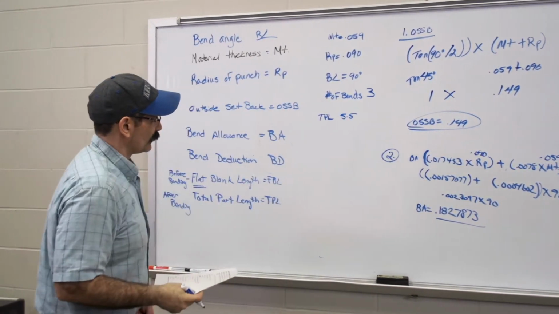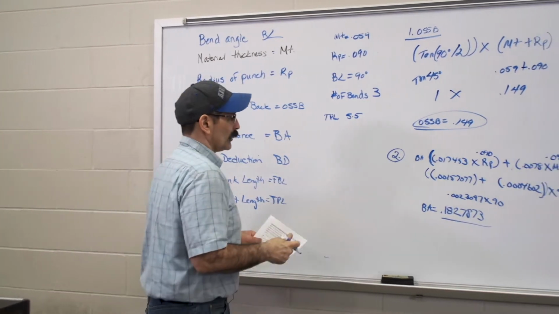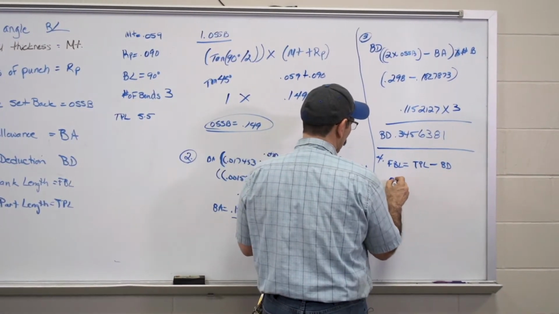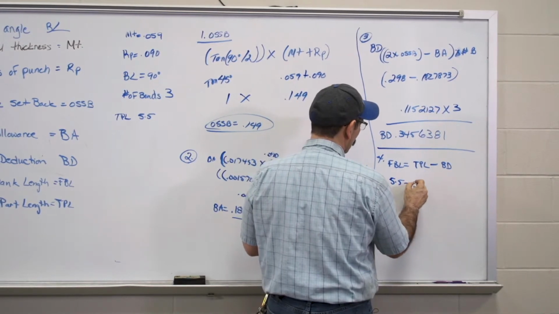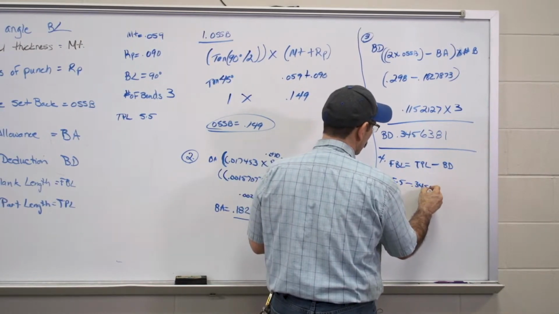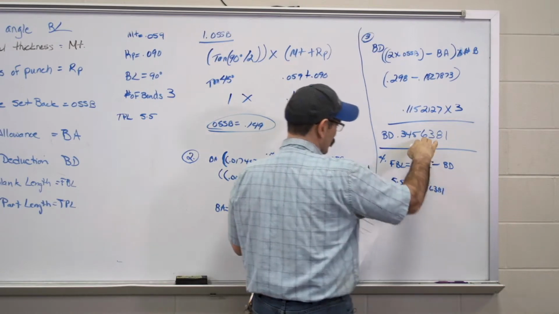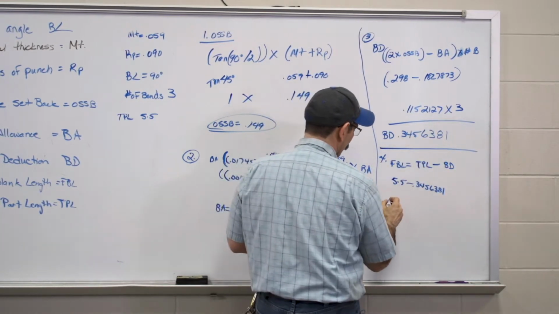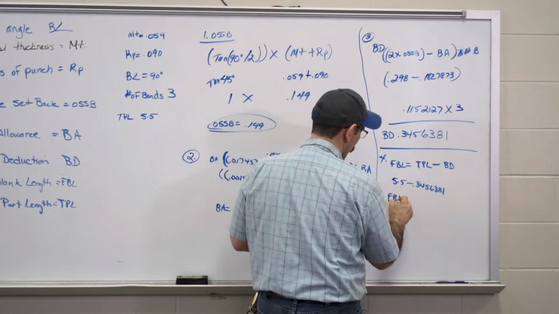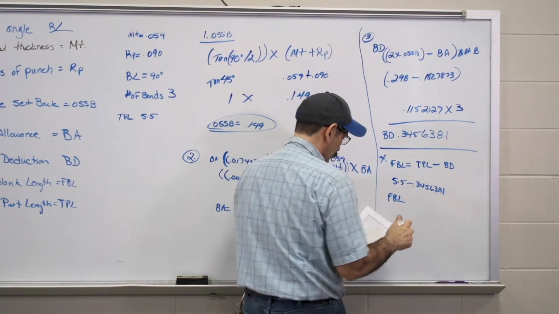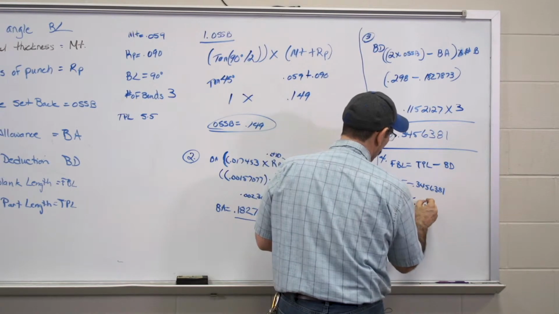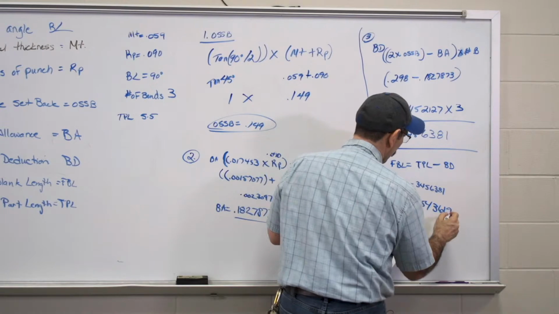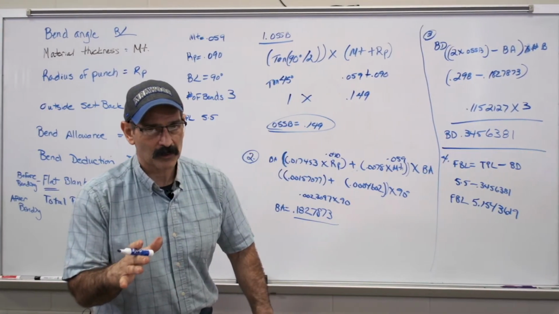That was my total part length, 5.5. So I take 5.5 minus 0.3456381, which is my bend deduction, and I get for my flat blank length 5.1543619.